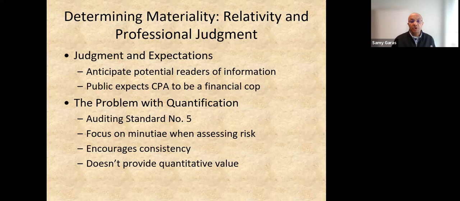What is the problem with quantification? Here we focus on the assessment of the risk itself, which means that we try to differentiate between the error and the fraud. If it's error, we look at the quantity, the repetition of the error. If it's fraud, we look at each one significantly.